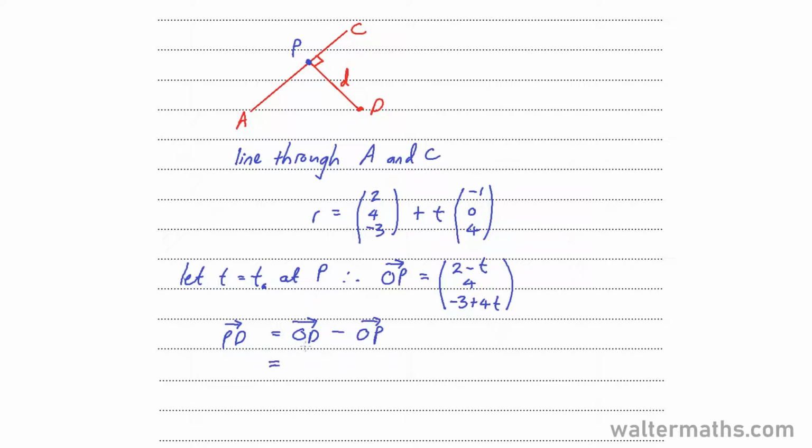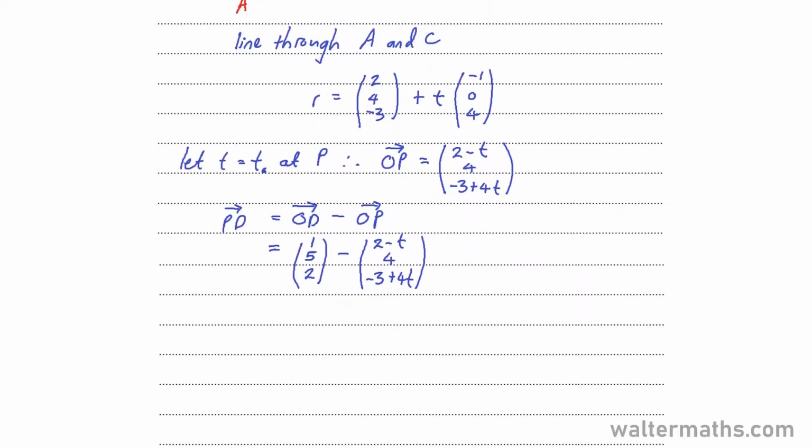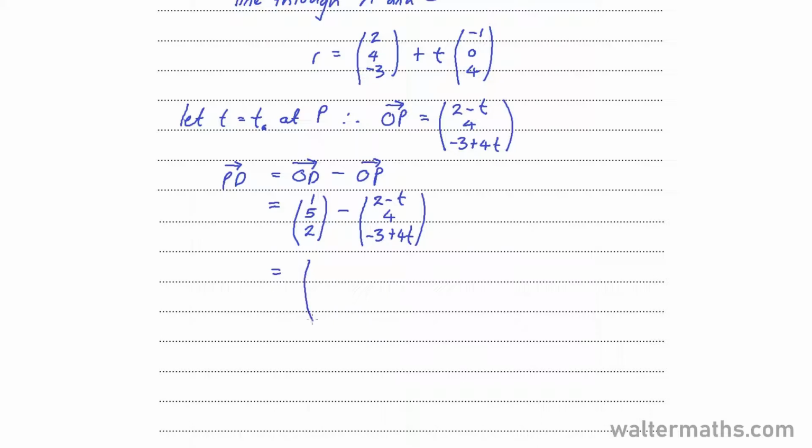Now OD is this vector here, and we got m to be 2, so it will be just in column vector form 1, 5, 2. And it's minus OP, which is this vector here, 2 minus t, 4, and minus 3 plus 4t. So we can find PD here.